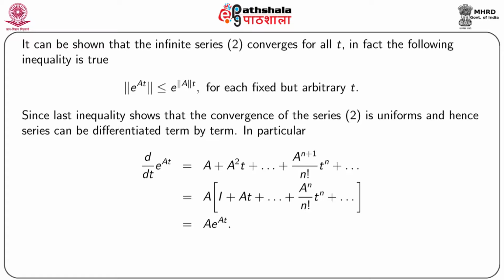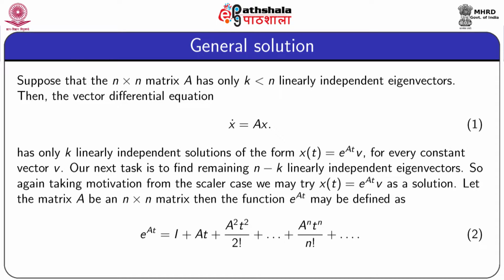by term. So, in particular, when we differentiate e to the power At with respect to t, we will get d/dt of e to the power At is equal to A plus A squared t plus ... plus A to the power n plus 1 by n factorial t to the power n plus .... Please note that actually you are differentiating this expression too.